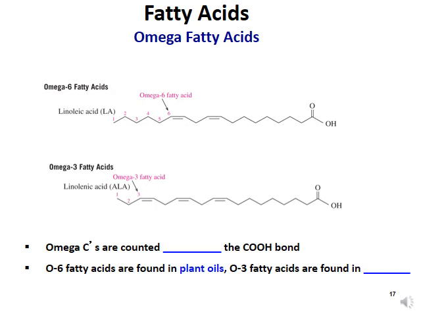Omega carbons are counted opposite the carbonyl polar head, and omega-6 fatty acids are found in plant oils, while omega-3 fatty acids are found in fish oils. You'll hear that on commercials sometimes when they'll talk up their vitamin that's full of omega-3 fatty acids.